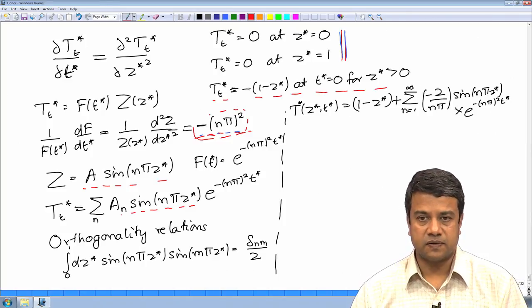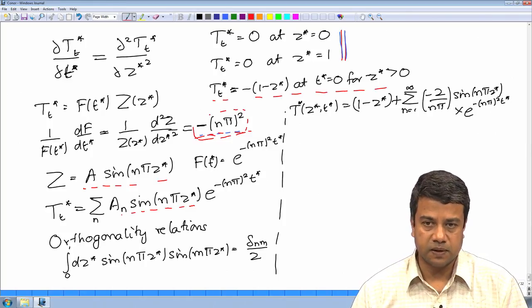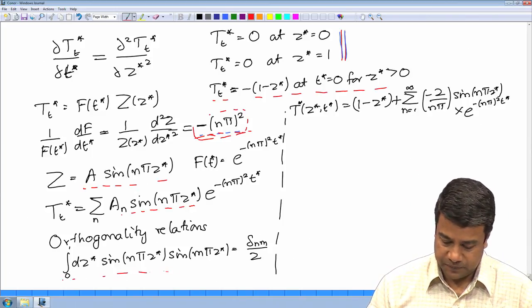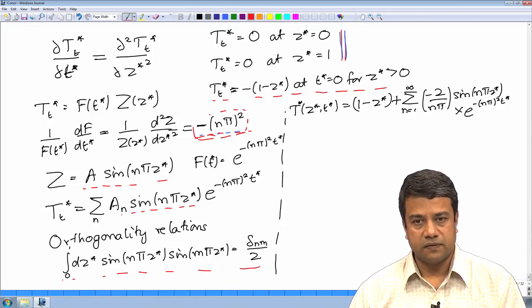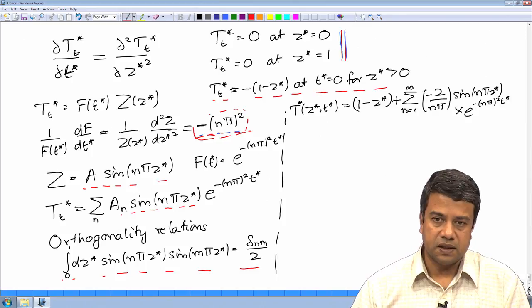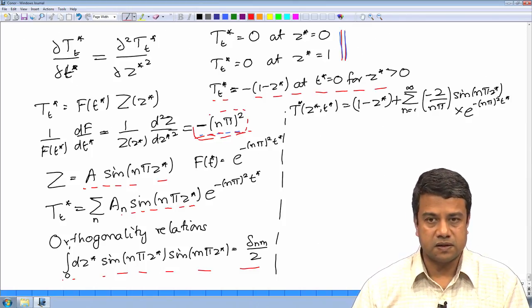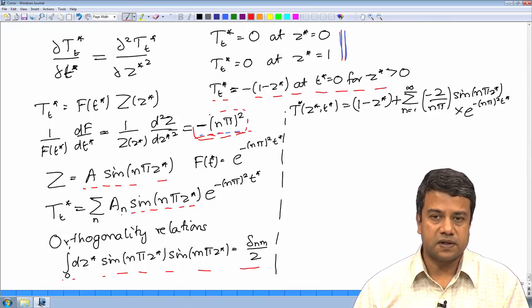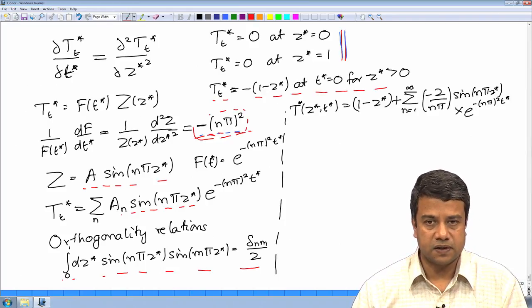That is the subject of applied mathematics, which I will not be able to get into in this course, but you can actually show that these orthogonality relations apply. So, therefore, even though I had an infinite set of constants, I can evaluate each one of them, because each function is orthogonal to every other function.